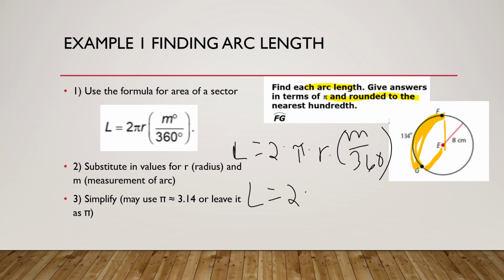So we would have 2 times, again, we can approximate pi to be 3.14, times my radius right here is 8, times my arc measure, they told me right here, is 134, divided by 360.